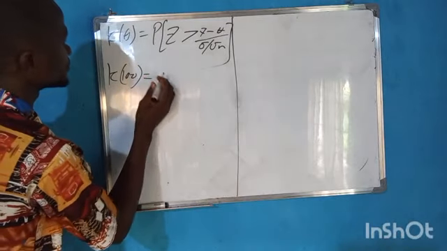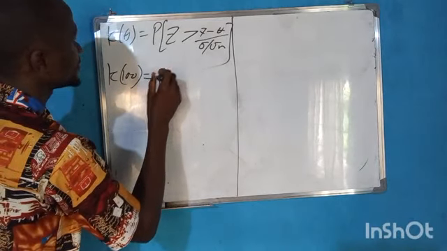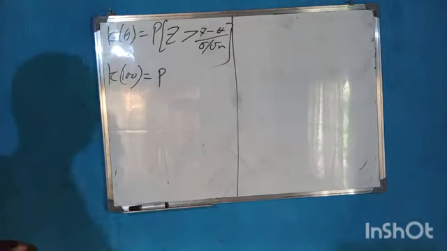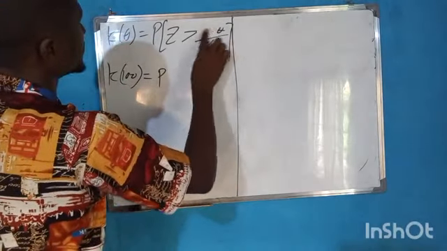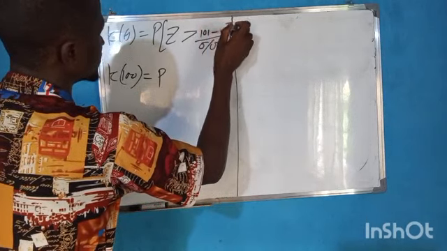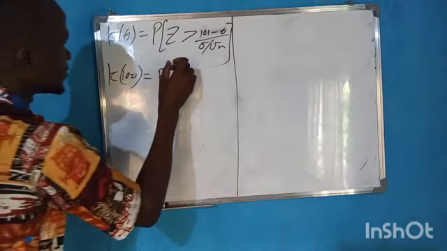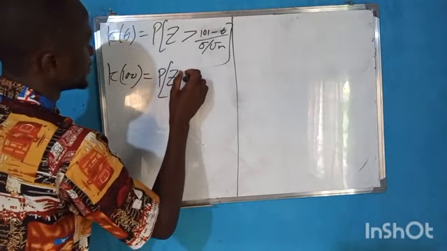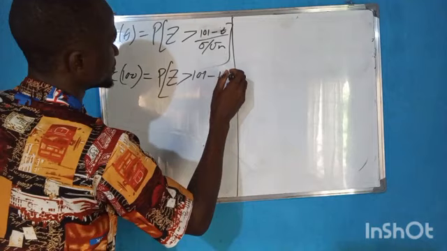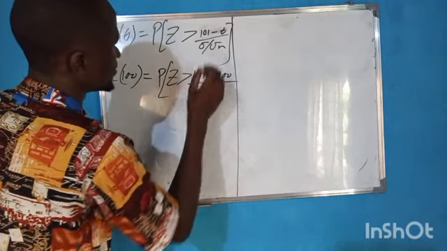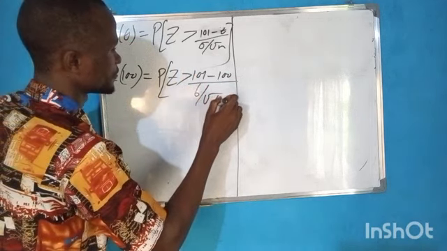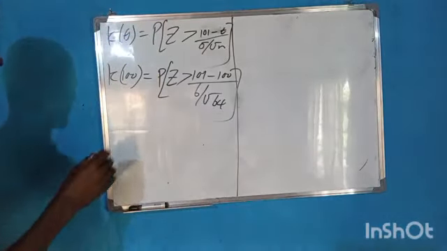So K of 100 is equal to the probability of Z greater than 101 minus 100 all over our standard deviation, which is 6 over root 64.